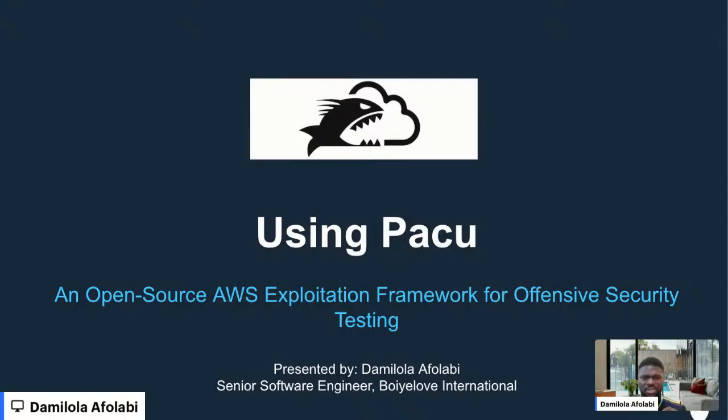But what if there is a small unlocked side door you didn't know about, a door a thief can quietly slip through? Today we are going to learn how to find those doors, exploring the topic of using Pacu, an open source AWS exploitation framework for offensive security testing.